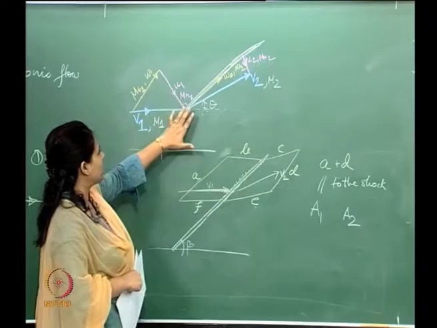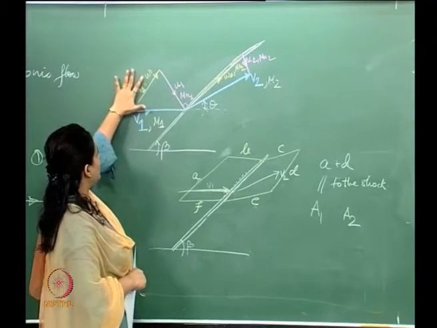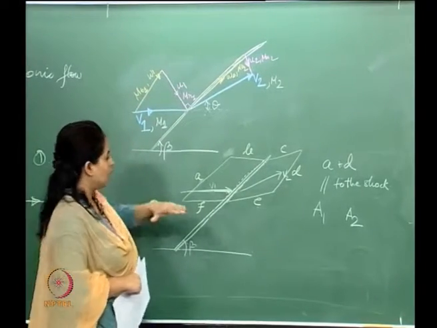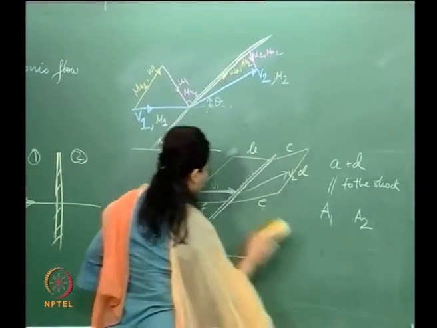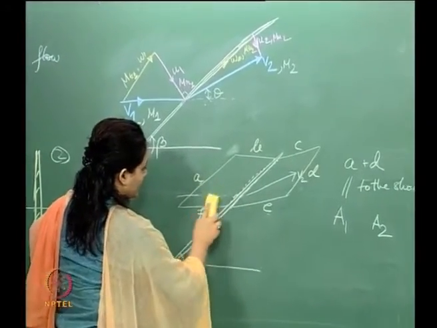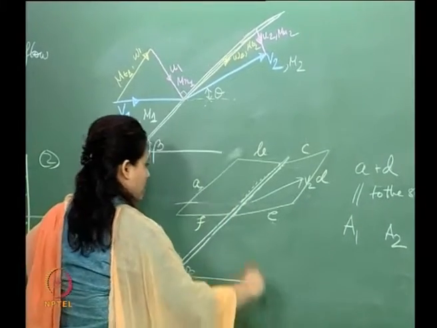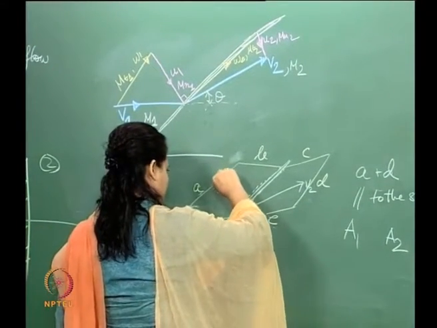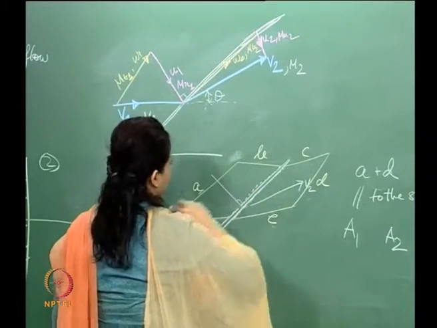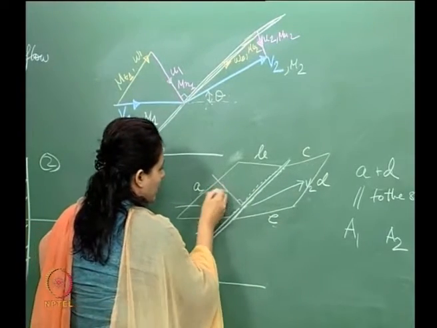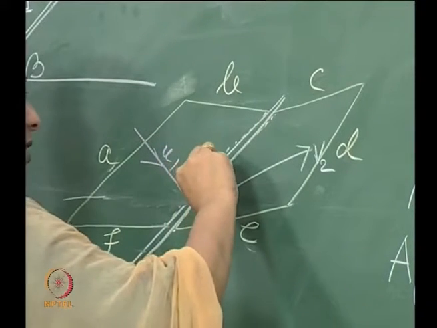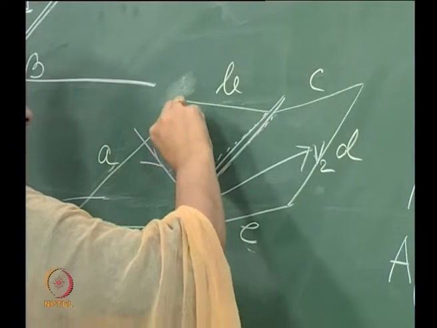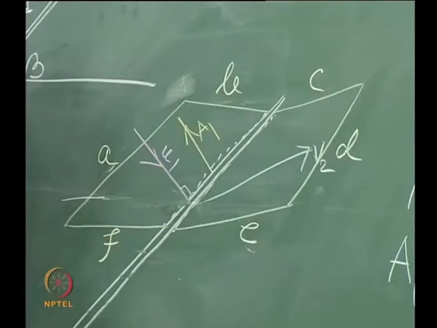U1 is perpendicular to the face and W1 is parallel to the face, to the shock here. So, basically I have this. Okay. So, this is my U1, and if you remember correctly, my area vector is essentially this, right.